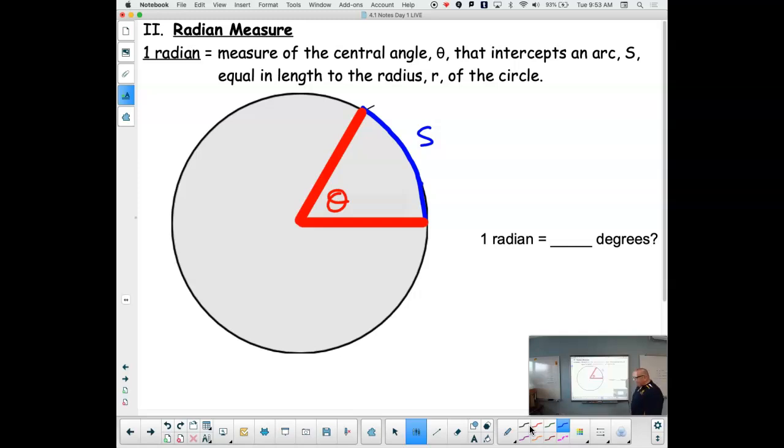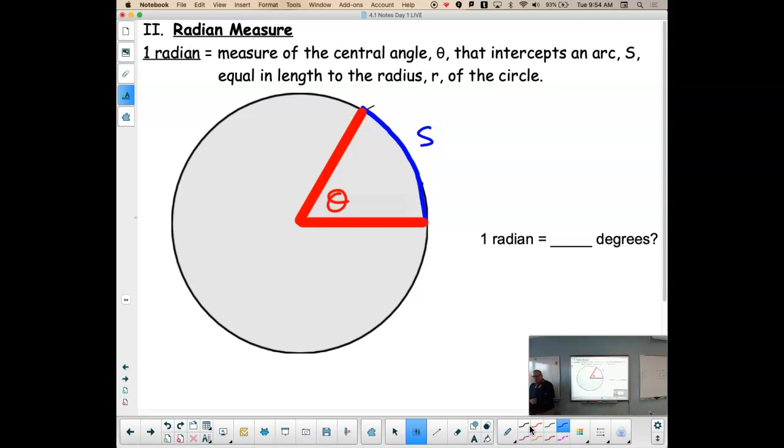Do we have any guesses as to what the degree measure of 1 radian is? Degree measure of 1 radian. You can either unmute yourself with a guess, or you can type it into the chat.